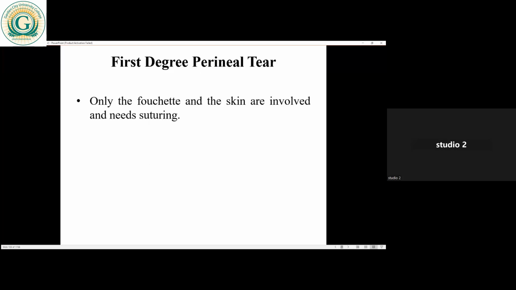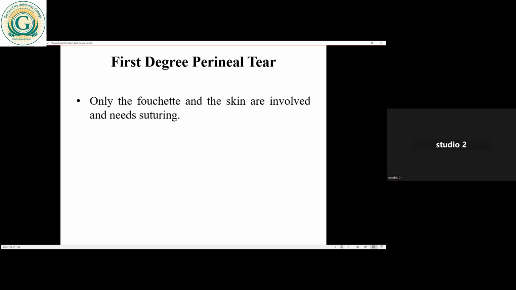For the first-degree tear, remember we have the fourchette, and then we have the skin. Only the fourchette and the skin are involved. After delivery, the woman asks, please let me see what has happened.